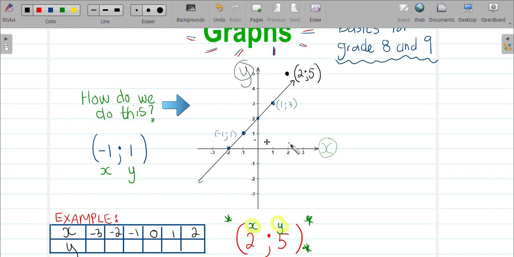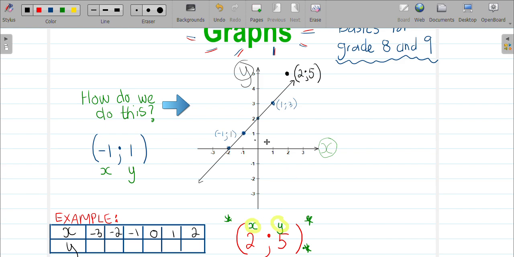So when our x value is 2, we need to go up all the way to 5, and that is exactly where we draw our dot on the graph. Then just don't forget to label your point on the Cartesian plane. It's as simple as that, really.